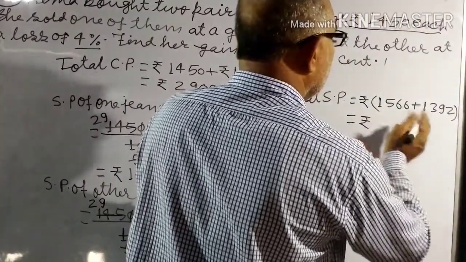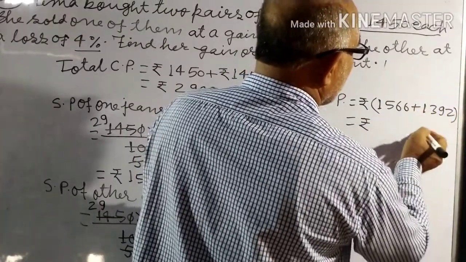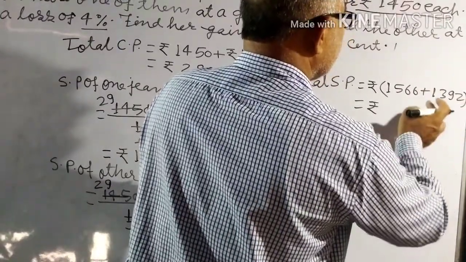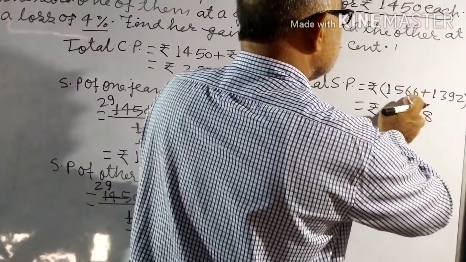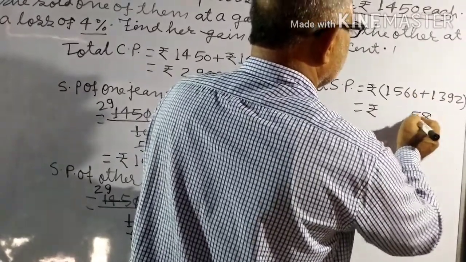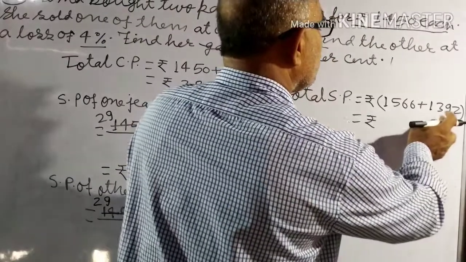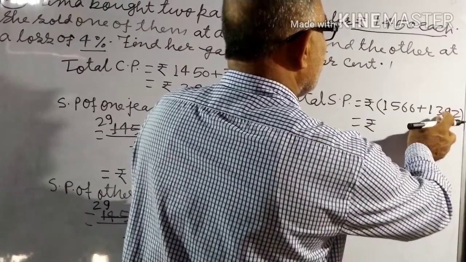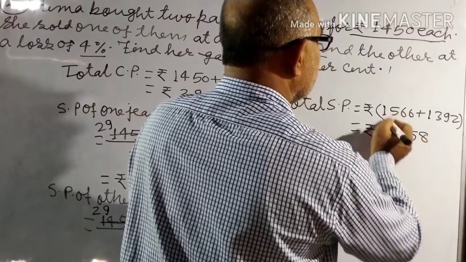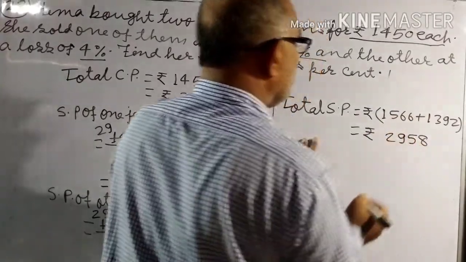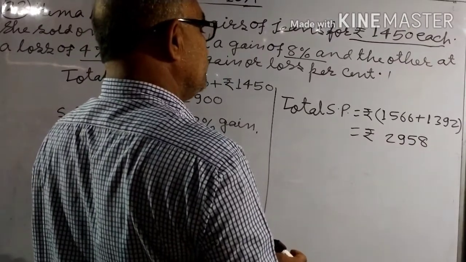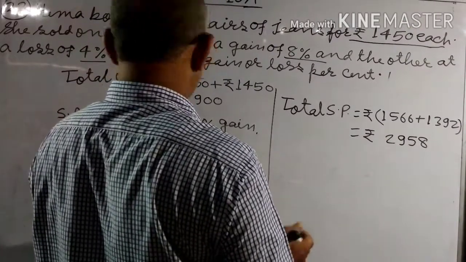Add: 6 plus 2 is 8, 6 plus 9 is 15, write 5 carry 1, 3 plus 1 is 4 plus 3 is 9, 1 plus 1 is 2. So 2958.